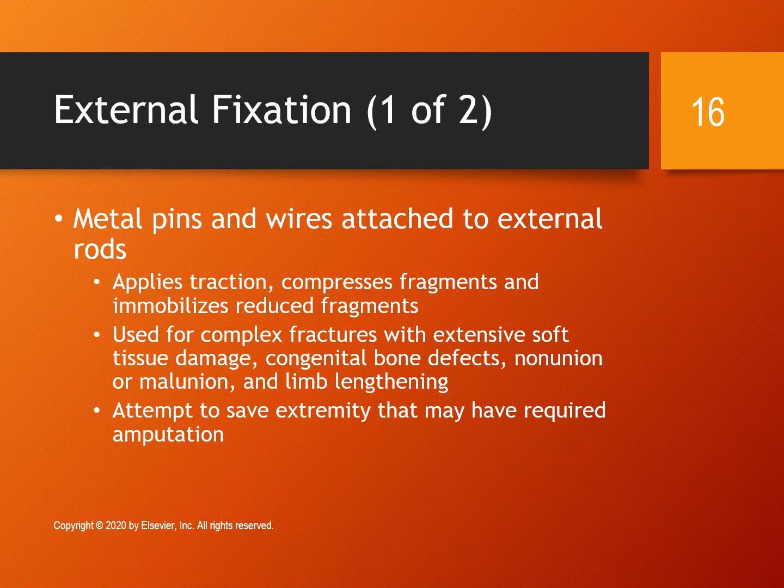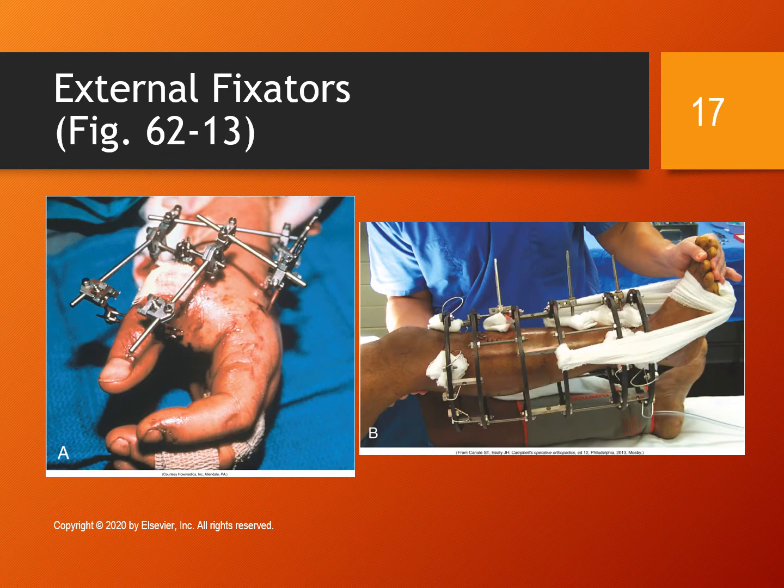It applies traction, and it's used for very complex fractures with extensive soft tissue damage, and it attempts to kind of save that extremity that might have otherwise required amputation. So this is a picture of external fixation. You can see how we have rods and pins to stabilize the fracture site, but it's all external. And again, this is for very complex fractures.